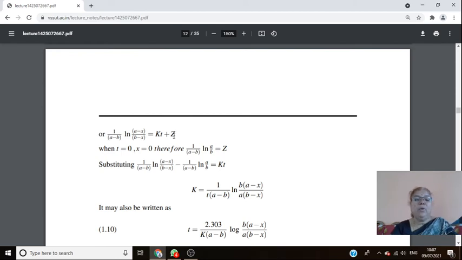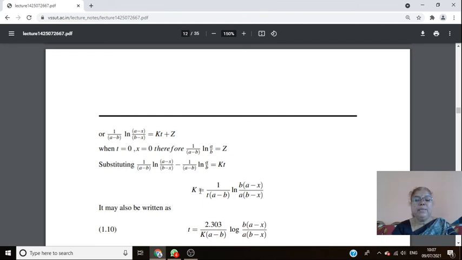To find the value of the integration constant, we put t equal to 0 and x equal to 0, and we get the value of z as 1 upon (A minus B) ln of A by B. Putting the value of z here, we get 1 upon (A minus B) ln of (A minus x) upon (B minus x) minus 1 upon (A minus B) ln of A by B equal to kt.